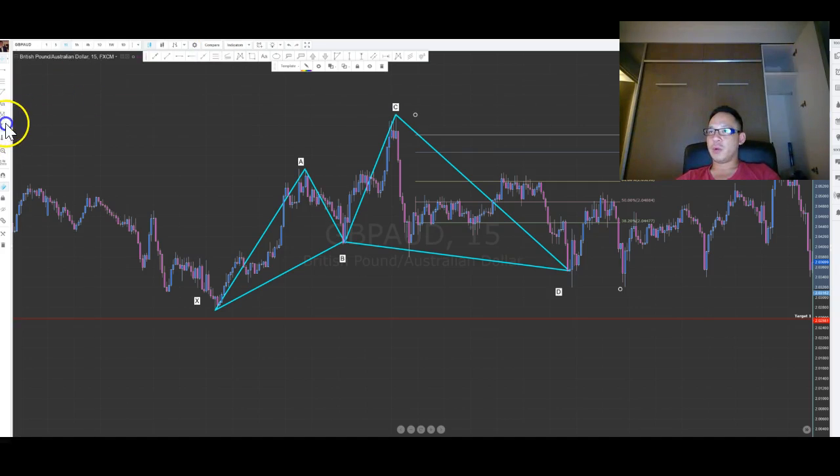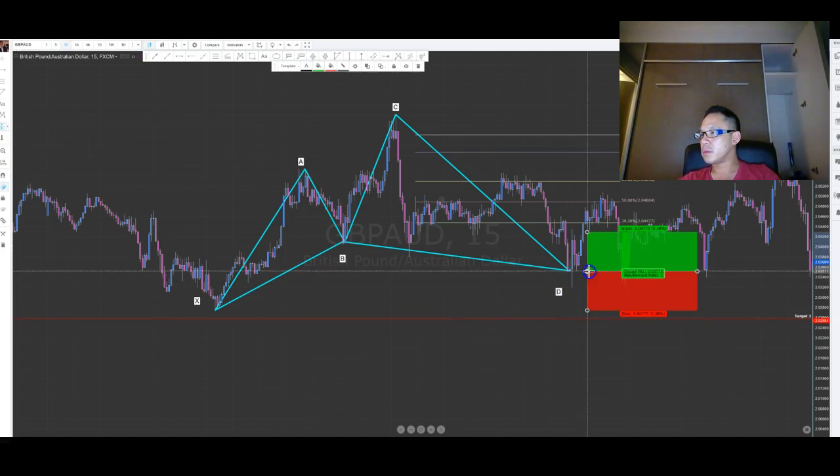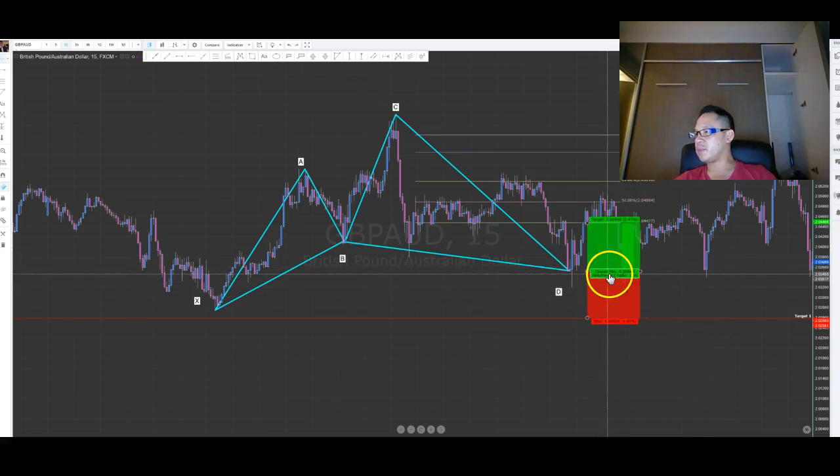You want to check the risk reward. Okay? So assuming that you enter here, you want to make sure you've got the right risk reward. So you're risking all the way here. Your target one is up here. So your risk reward for the trade is pretty much a 1-to-1, which is good.